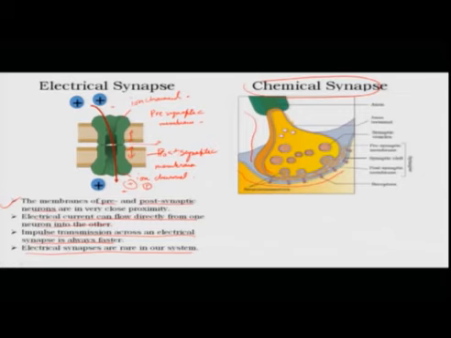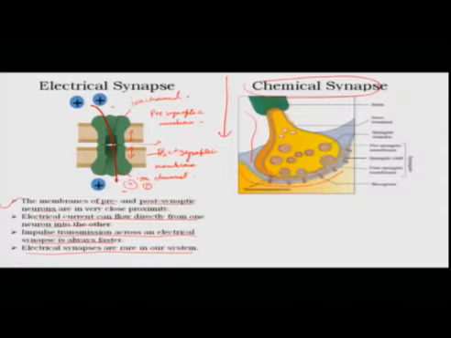Now, there is a certain gap between the two, and the basic difference here is that ions cannot pass directly from the presynaptic to the postsynaptic cell.